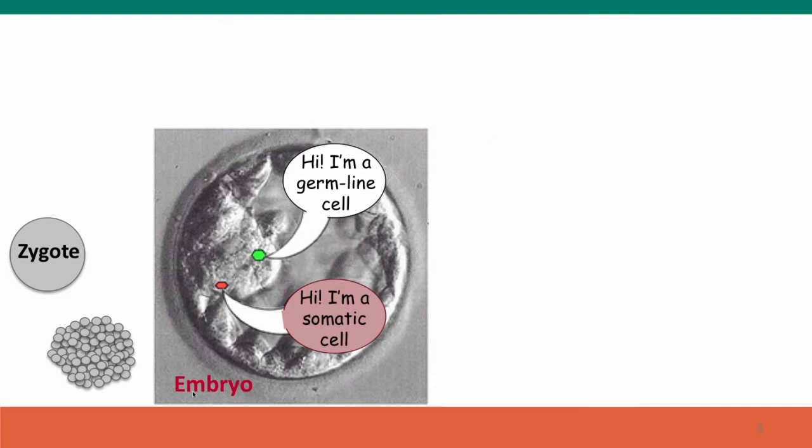So this photograph is a photograph of a developing embryo. And the embryo formed initially as a zygote, the fusion of egg and sperm, and then that cell underwent many cell divisions and the cells began to specialize.